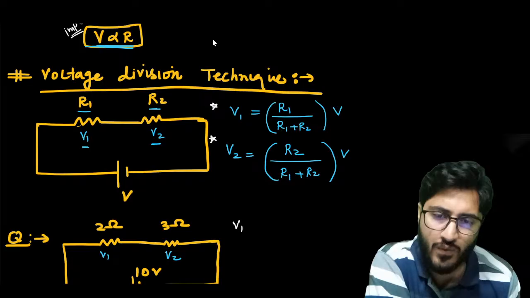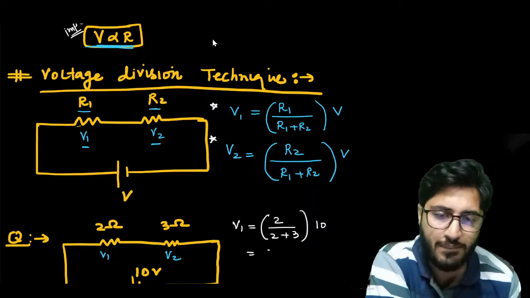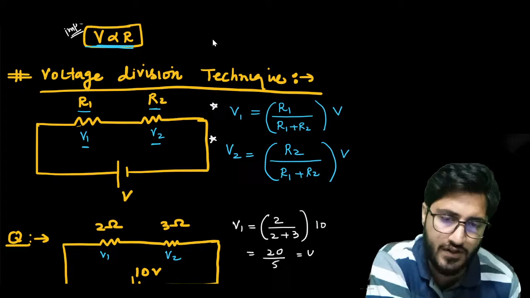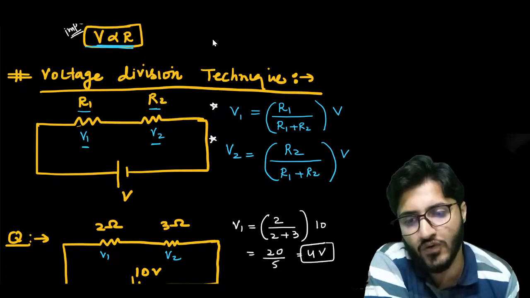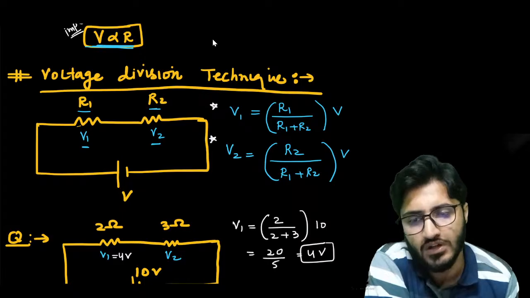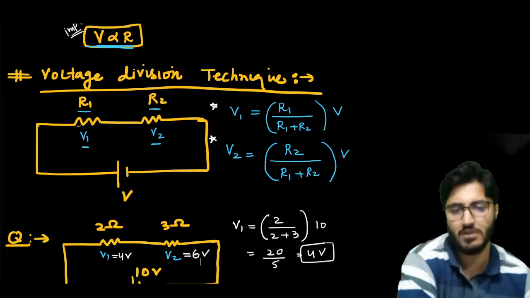So I will write V1 equals R1 which is 2, divided by R1 which is 2 plus R2 which is 3, and V is 10. So 2 multiplied by 10 is 20, divided by 5. I guess this one is 4 volt. If the total is 10 and this one is 4, this one will be 6 volt. Simple. Done.